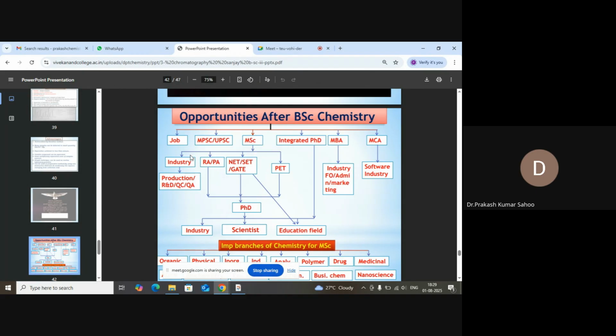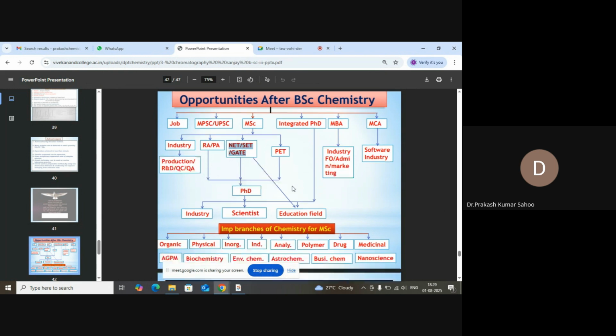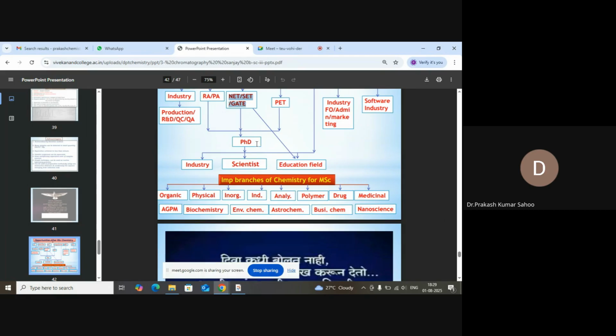If you crack the industry, you have the industrial part with quality assurance, quality control, or research and development. You may join as a research associate or project associate. Or if you crack the national eligibility test, state eligibility test, or GATE, you may pursue your PhD. It's a doctoral degree. After that, you may go to industry, as a scientist, or to the educational field.